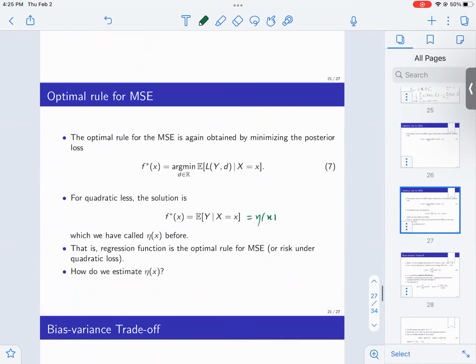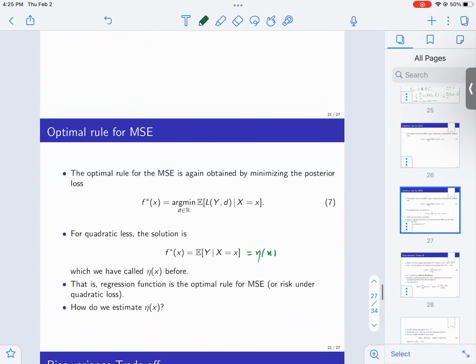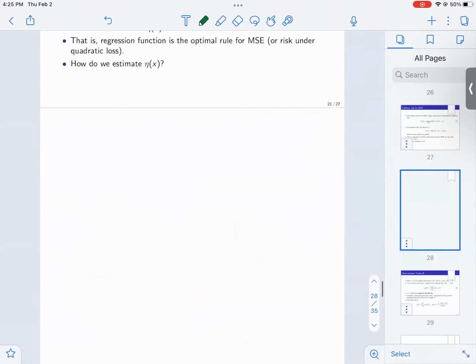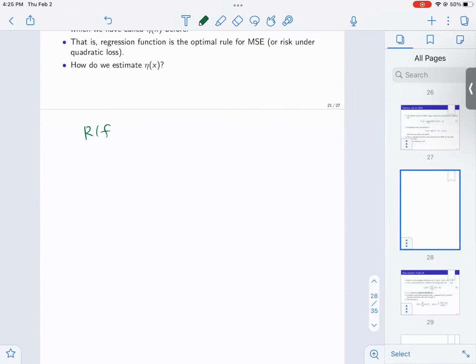What are we going to do? So this risk for a generic estimator is the expectation of, again, f of x, this is y hat, minus y squared.